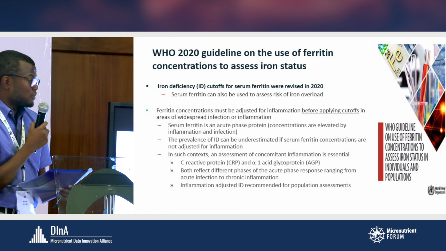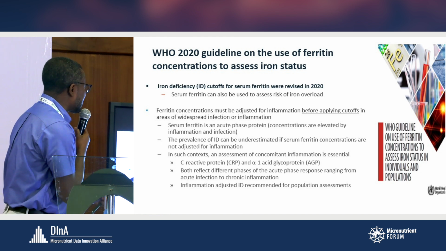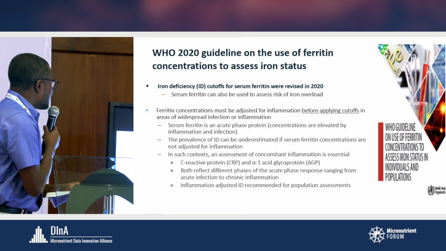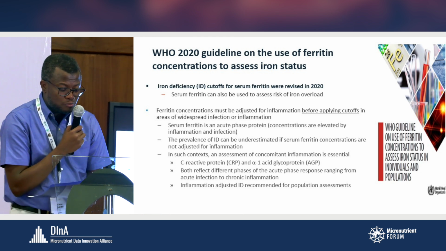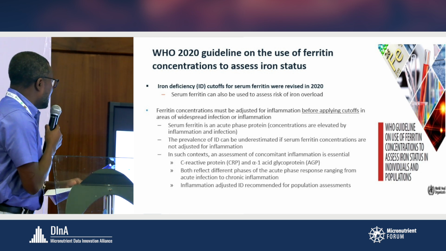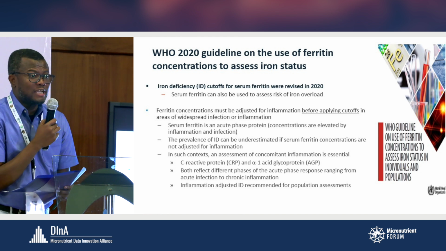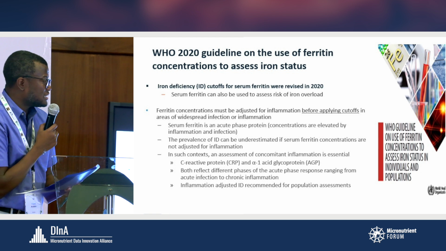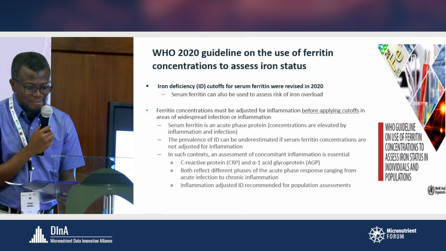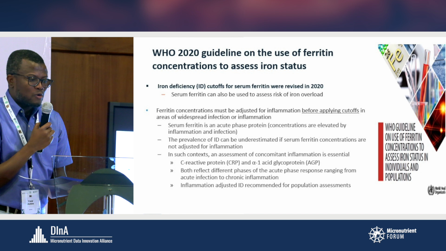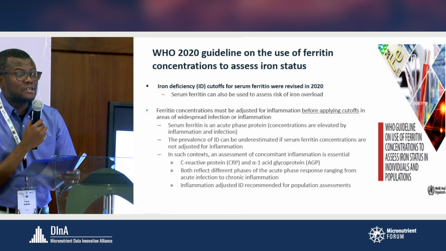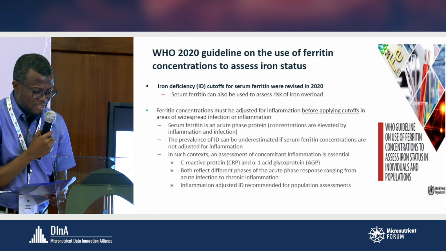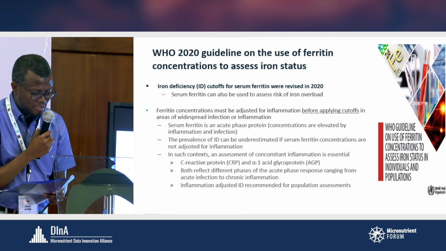context matters when you are interpreting iron status, for example. One of the key things the WHO report said is that serum ferritin is an acute phase protein, as we know, and its concentrations are elevated by infection. So it makes the problem a little more difficult because we also have to take into account inflammation and infection burden.